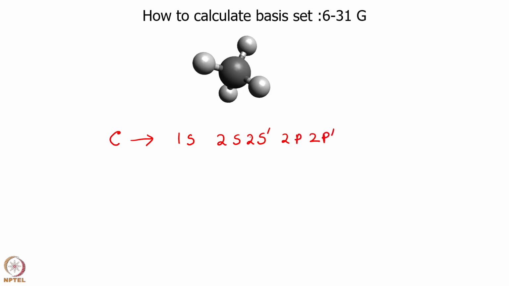Now, 631G means 1s will be expanded in 6 Gaussians, 2s will be expanded in 3 Gaussians, 2s dash will be expanded in 1 Gaussian, 2p will be expanded in 3 Gaussians and 2p dash will be expanded in 1 Gaussian.